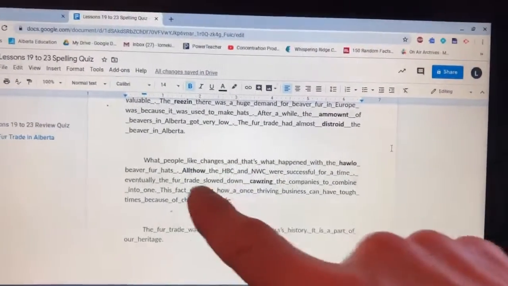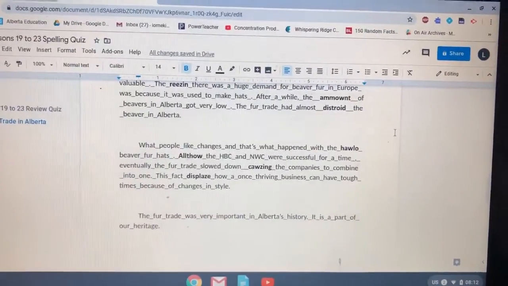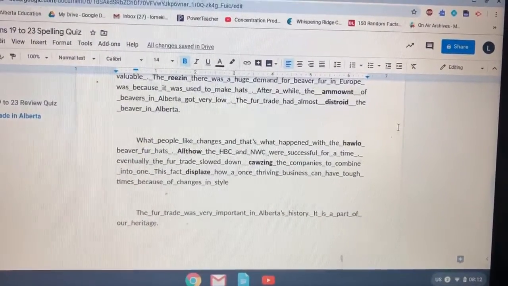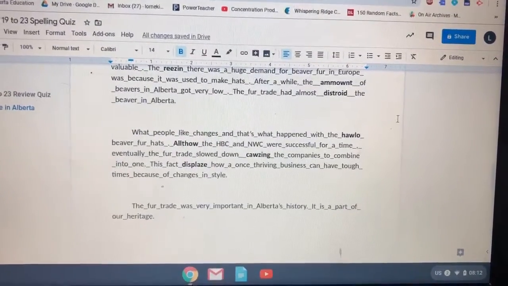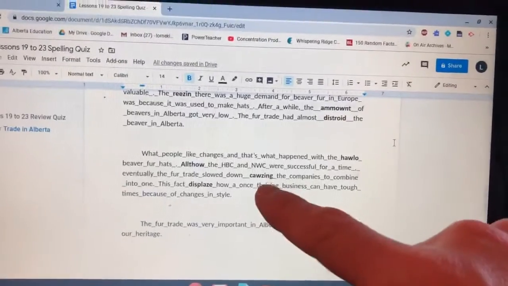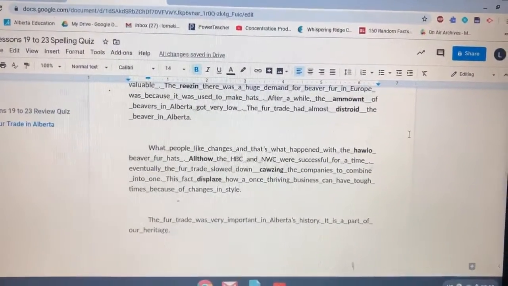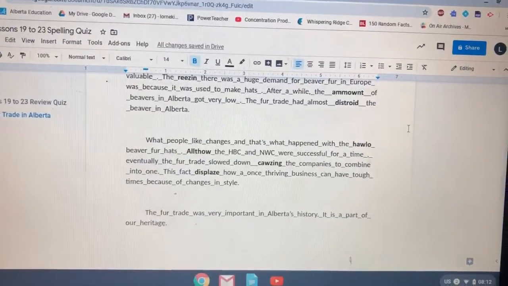Although, this word although, that's not how you spell that. Spell it right, please. Although the HBC and NWC were successful for a time, eventually the fur trade slowed down, causing, you're going to have to spell that one correctly. Slowed down, causing the companies to combine into one.